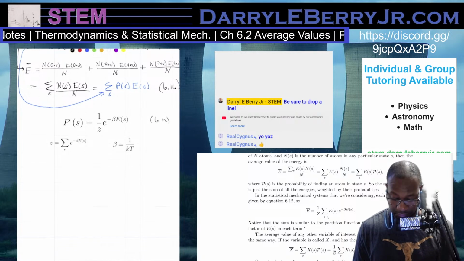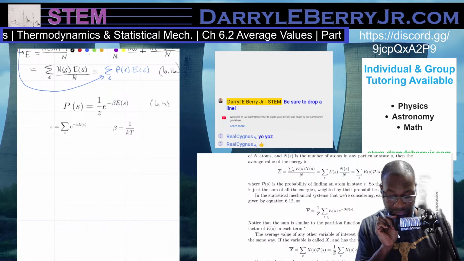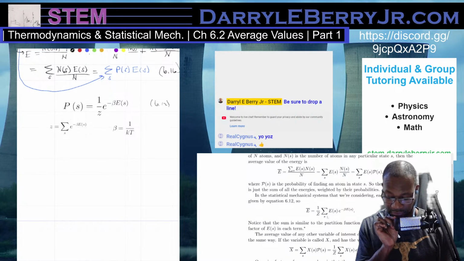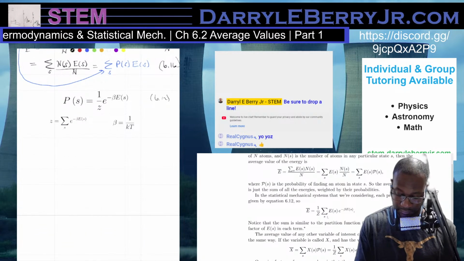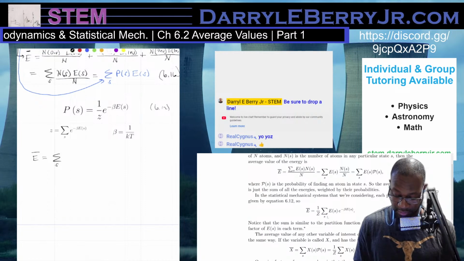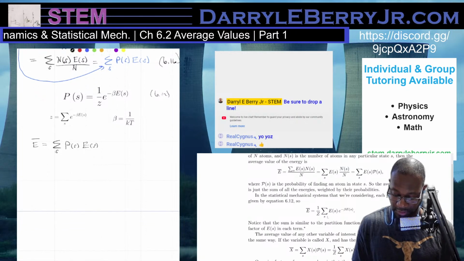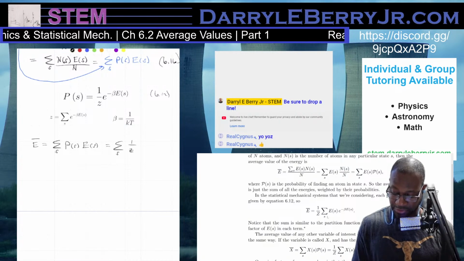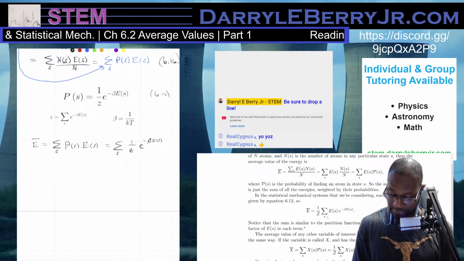So the average energy, all right? So we're saying the average energy is the sum of all the probabilities of each state times the energy of each state, and substituting for the probability of each state, is the sum of the inverse partition function, e to the negative beta E_s, and the energy of each state.